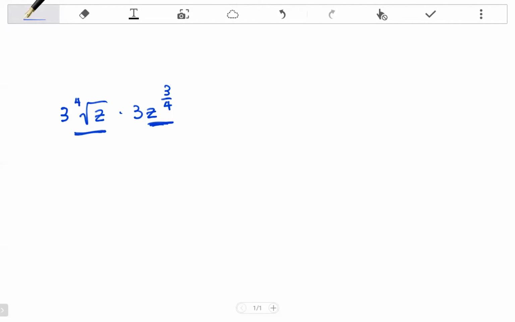We don't want it to be in two different forms. We either want it all in fraction form or all in radical form. Usually it's easier to work with fraction form, so I advise you to change everything to fraction form. This is already in fraction form, so let's change the radical. Can anyone tell me what the fraction form of this is?